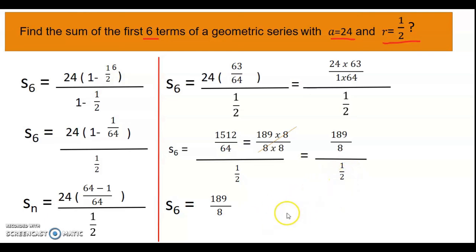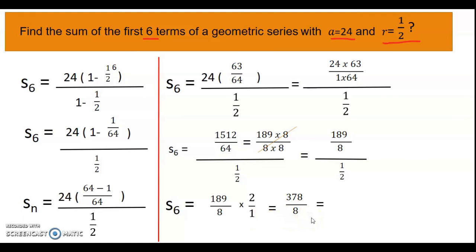Before, we have 1 over 2. Now we have 2 over 1. Then change our operation from division to multiplication. Then proceed to multiplication. 189 times 2 over 8 times 1. So 189 times 2 is 378, and 8 times 1 is 8.